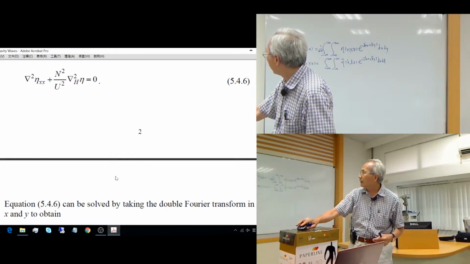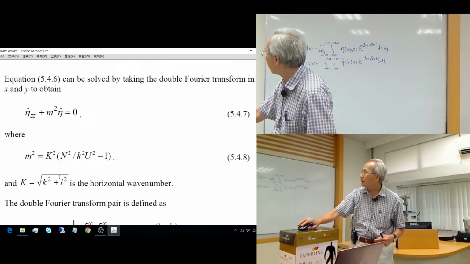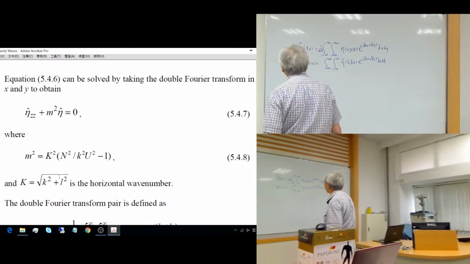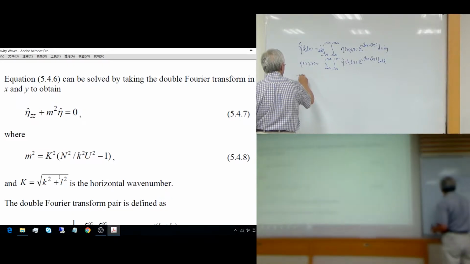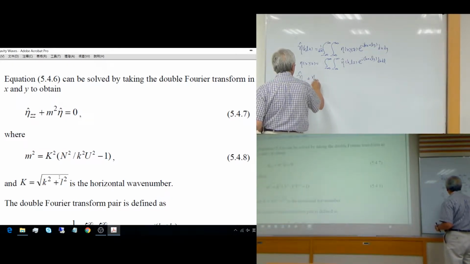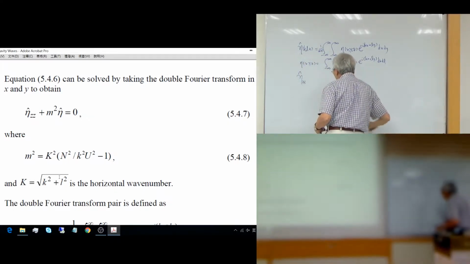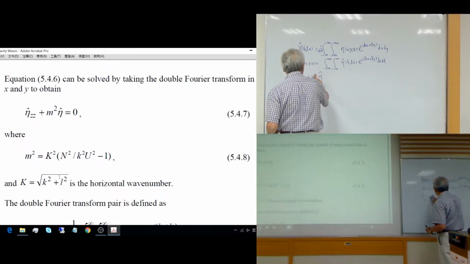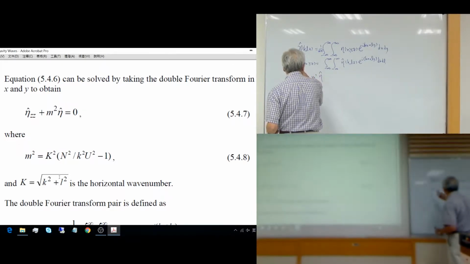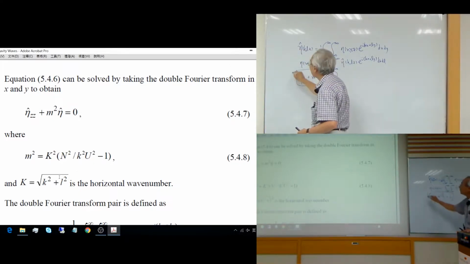Equation 5.4.6 would become eta gg hat plus m squared eta hat equals 0. Now m squared becomes different from before. Sorry, my writing is terrible because of the marker.